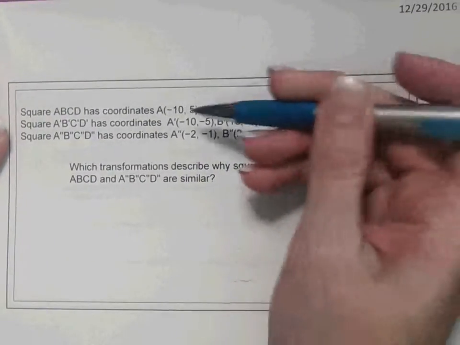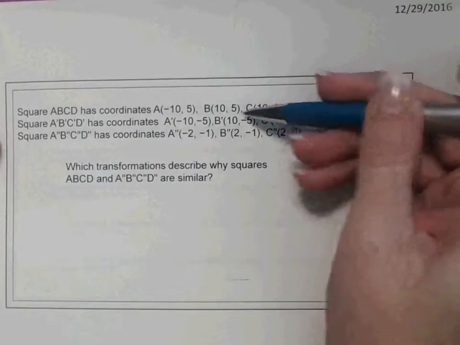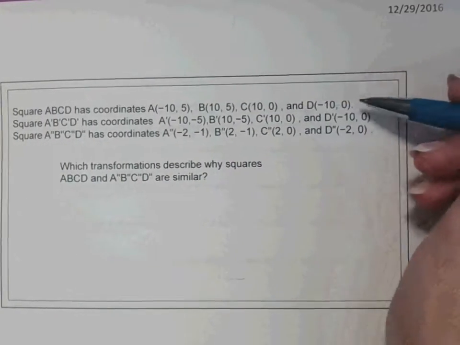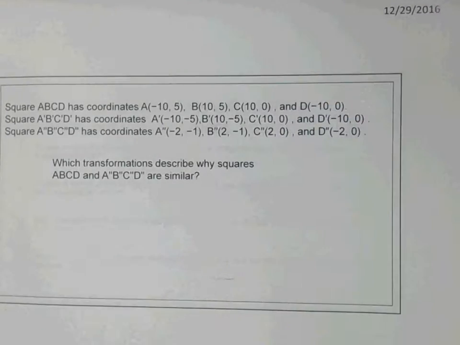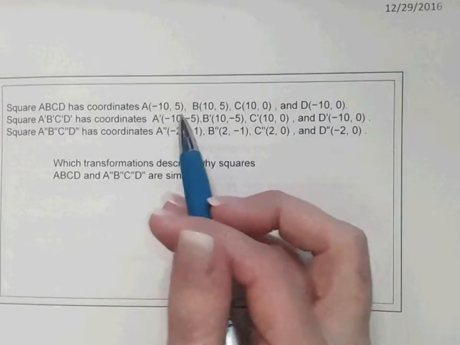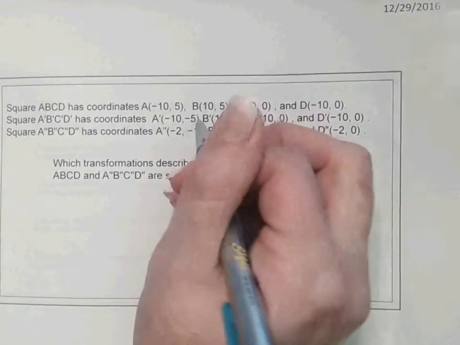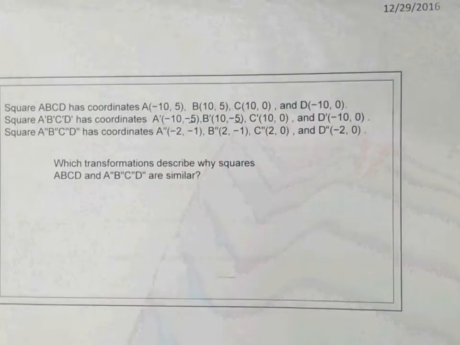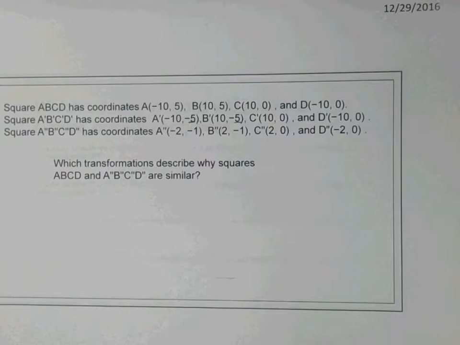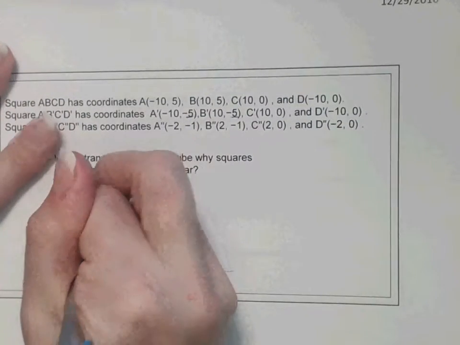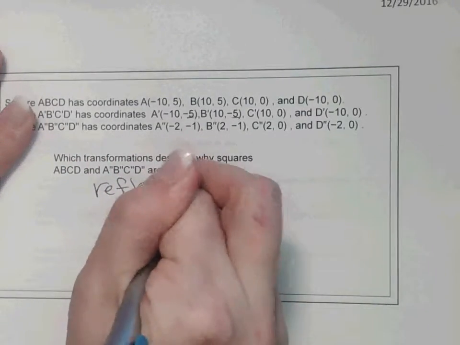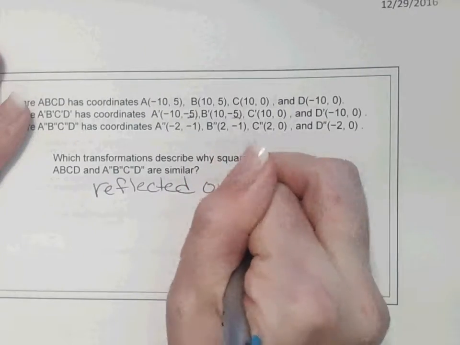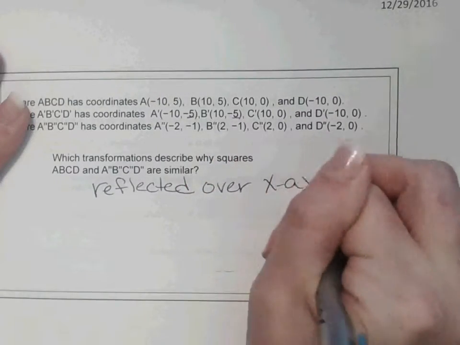Okay, when we look here, all of the values stayed the same except for this y value. Okay, so that means that it reflected over the x-axis.